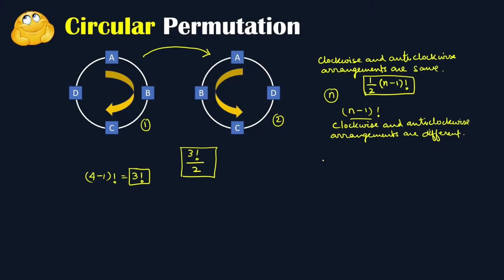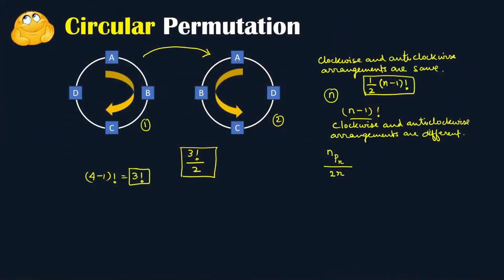So we can generalize this formula in this way also. If there are n distinct objects, out of which you are taking r at a time and permuting them in a circular arrangement, and the clockwise and anti-clockwise arrangements are same, then the total number of circular permutations will be, as we have already learned, nPr divided by 2r.